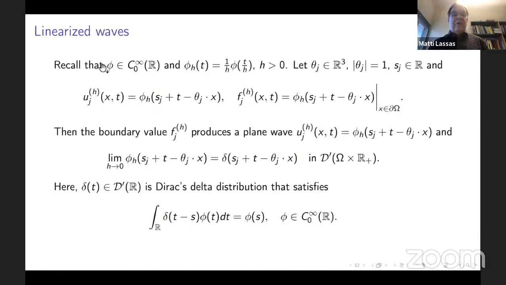For that, recall that we use this bump function. Now I do scaling. I scale the bump function by parameter h. So I divide time with h and multiply the obtained function by 1 over h. These functions are often called mollifiers.